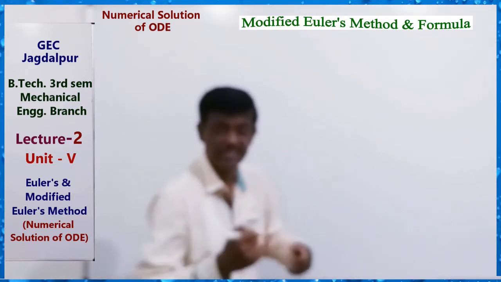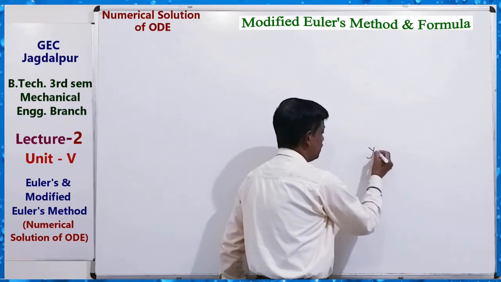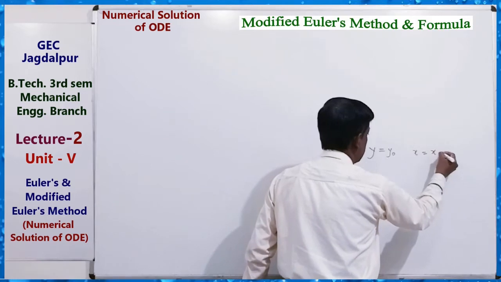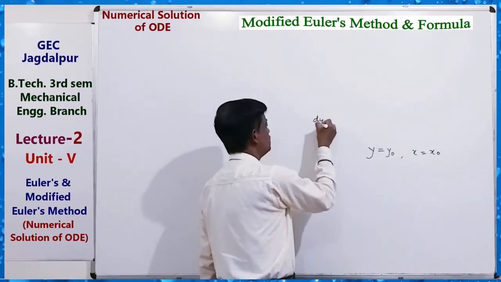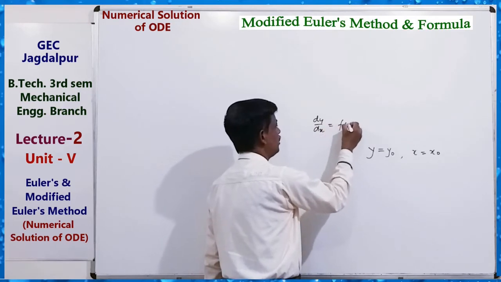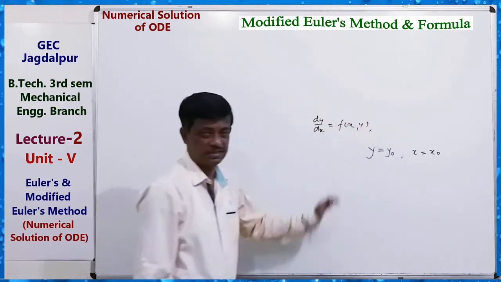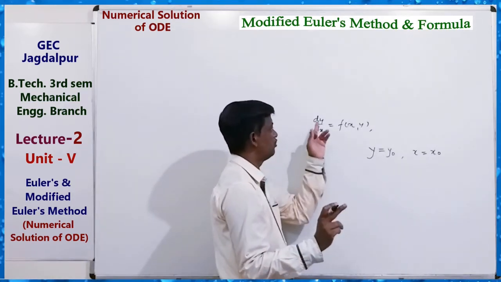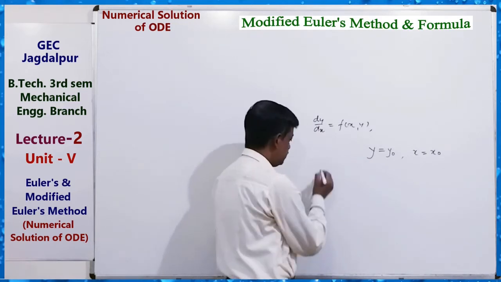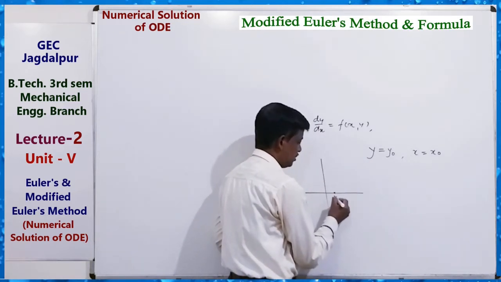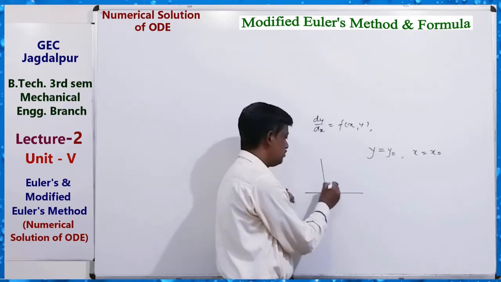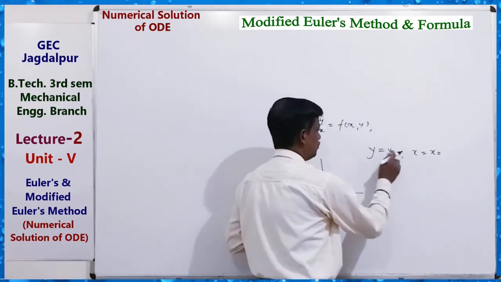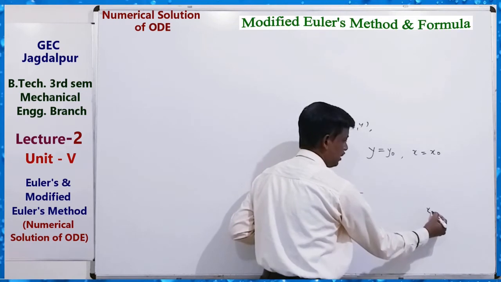If the initial value problem is dy by dx equals f(x, y), with the initial value y0 at x equals x0, our target is to find the value of y for a particular value of x, xn.